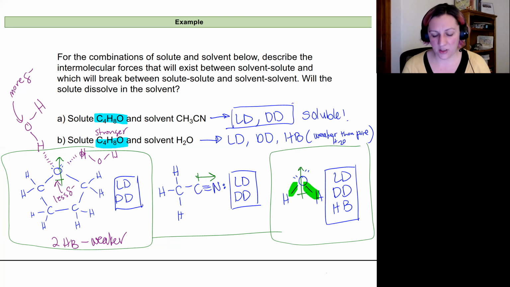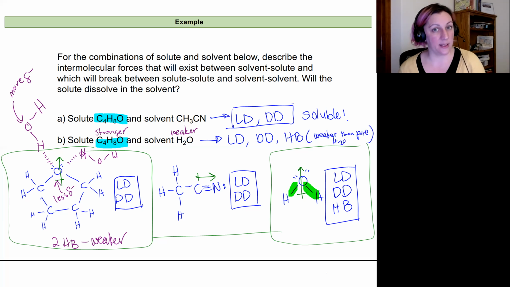And our water is going to experience slightly weaker intermolecular forces than it did in its pure substance. And so I would predict that this forms a solution, especially with that driving force, that tendency to mix, that will release some energy as we bring these together and distribute their kinetic energy throughout the system. It's very likely we'll form a solution.